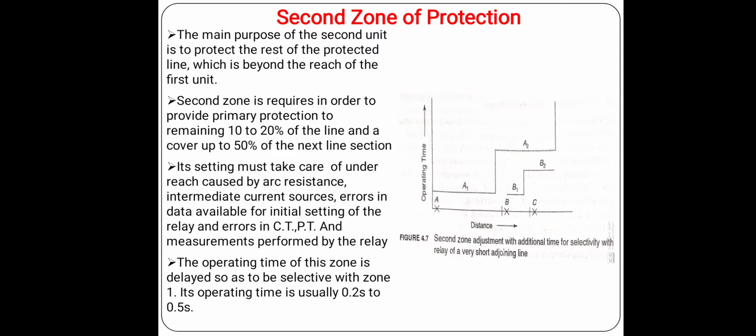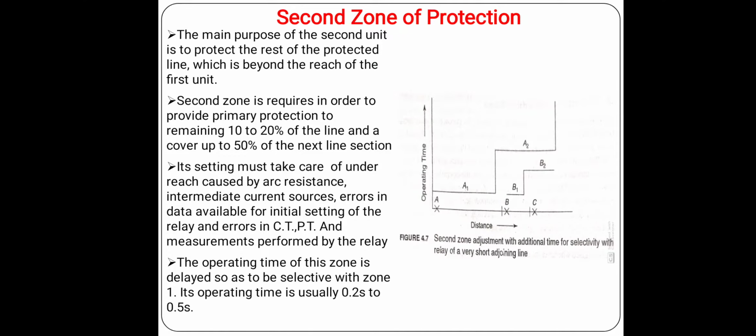Now this is the diagram we will see here. This is basically the special case of zone two setting. With the second zone relaying units, transient overreach need not be considered if the relays have a high ratio of reset to pickup, because any transient causing overreach dies out before the second zone tripping time elapses.